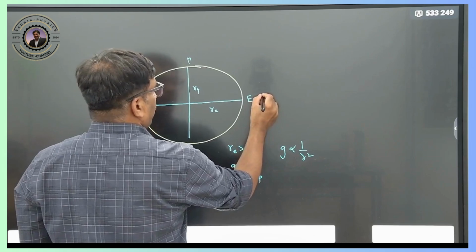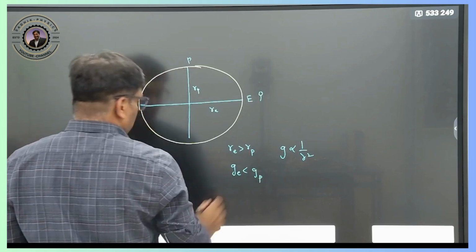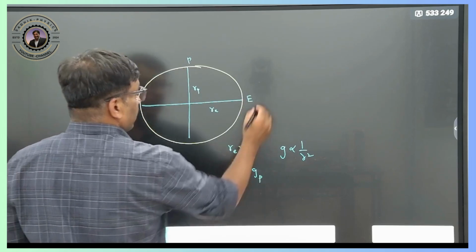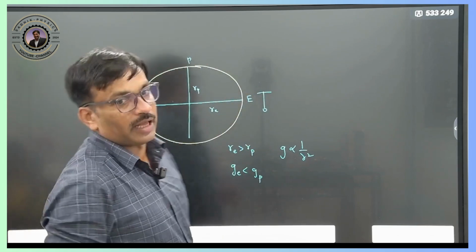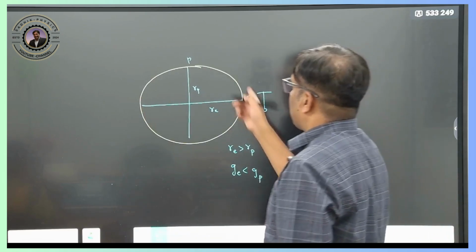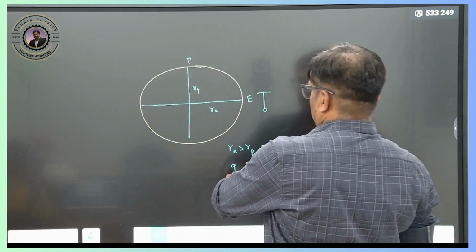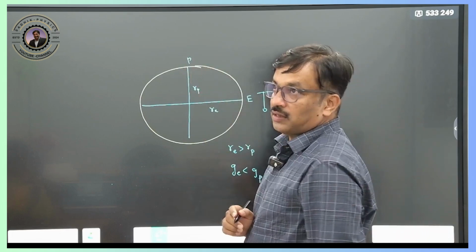Therefore if one pendulum clock is taken from the equator to the pole, what happens to the time period? Will the time period increase or decrease? We know that at the pole the g value is larger.